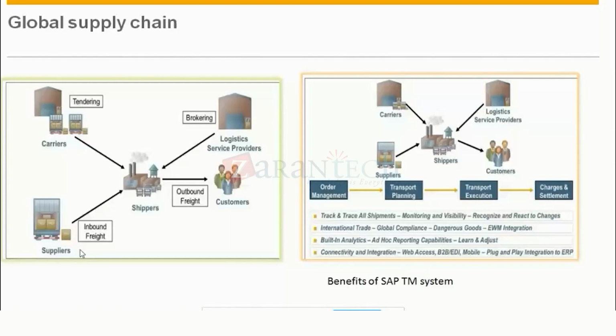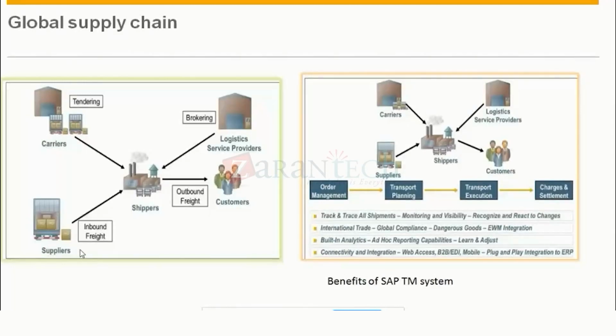To perform both the inbound and the outbound transportation process, we need business partners, also called a carrier or LSP, who will do the transportation on behalf of the shipper. That's why you see the connecting link between shipper, carrier, LSP, customer, and supplier.